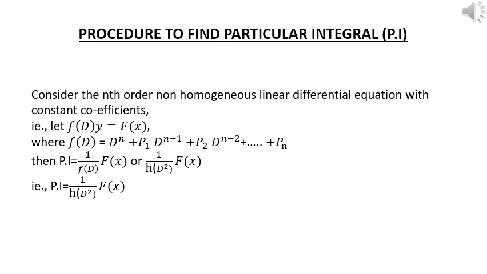Then the particular integral is equal to 1 by f(D) operating on F(x). Again this is equal to 1 by h(D²) operating on F(x), where f(D) is equal to h(D²).